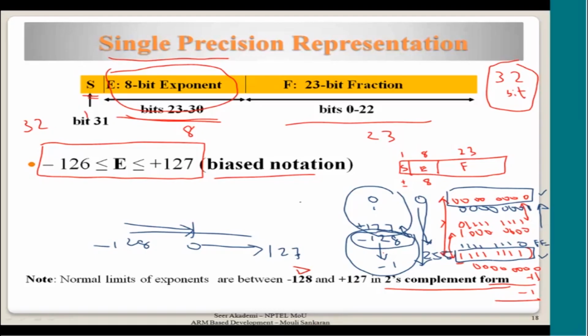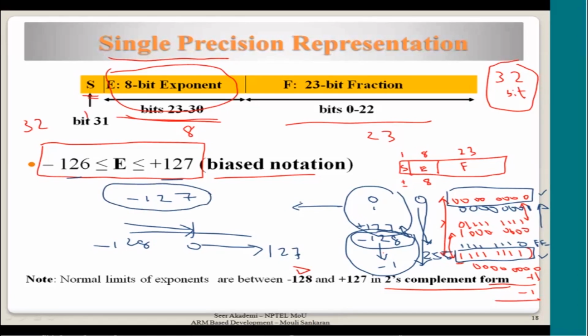With 2's complement it is a difficult form. So what was done is they mapped these numbers, the floating point representation, into this notation. Any number, you subtract it by 127. Whatever range of values you have, you subtract 127 to get some number.